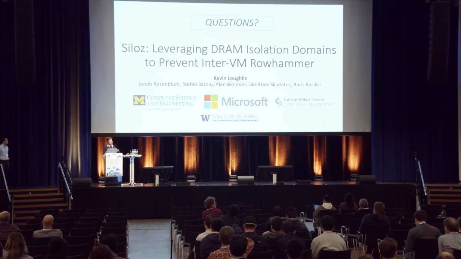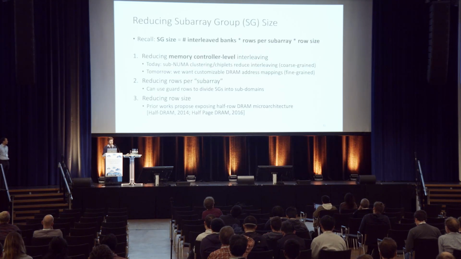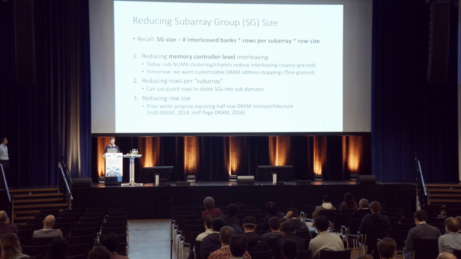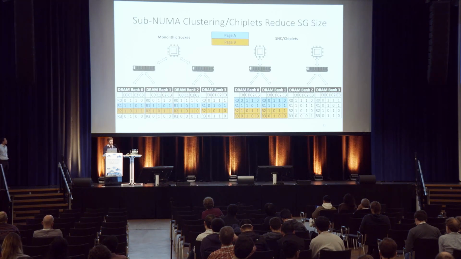As for the memory stranding, this goes into fragmentation, so I'm going to incorporate a backup slide here. I mentioned earlier that we could reduce the subarray group size to help avoid some of these problems with fragmentation or stranding. We have 3 factors that I mentioned earlier: the interleaved banks, rows per subarray, and row size. There are a variety of things you can do for each of these, but I'm going to talk today about what's already possible, which is changing BIOS settings with regards to interleaving across memory controllers.